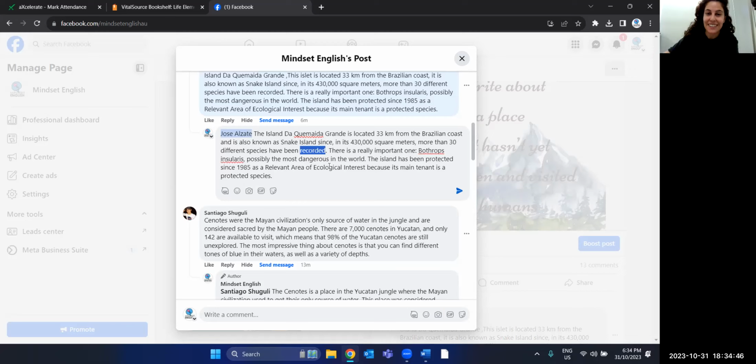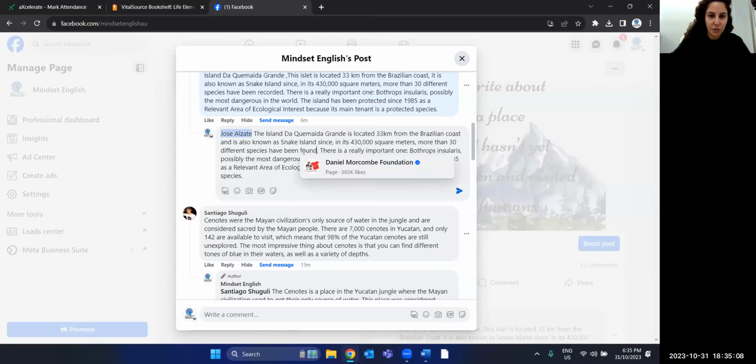Wow, I think I heard about this, a place in Brazil with the largest number of snakes. Yes, it's the horror movie. Yeah, the island is located 33 kilometers from the Brazilian coast and is also known as Snake Island, since more than 30 different species have been found. I'll just put found as an easier English term.